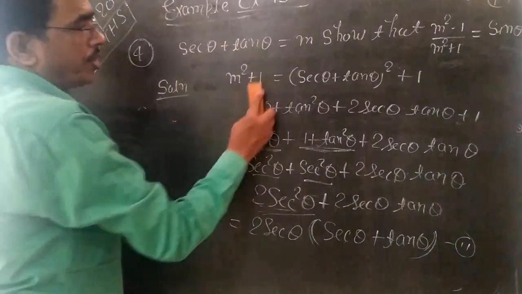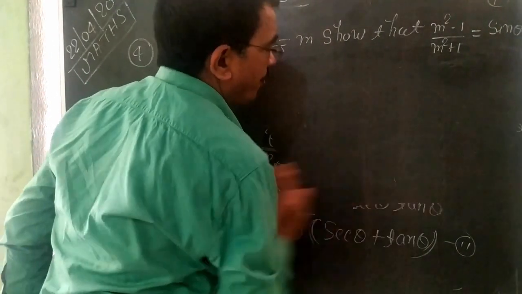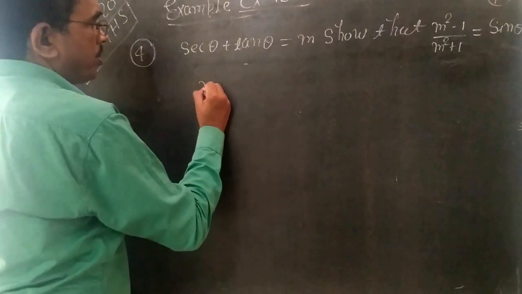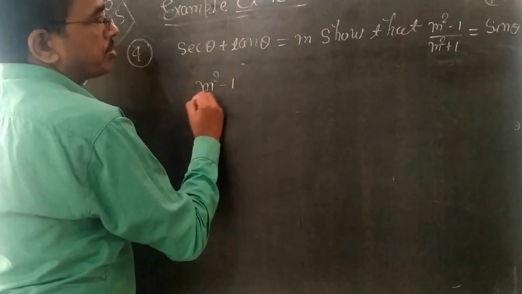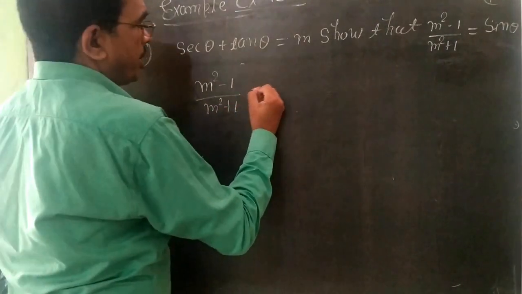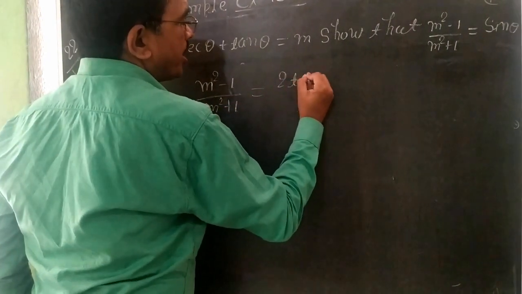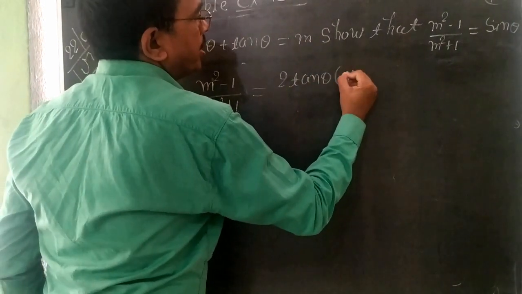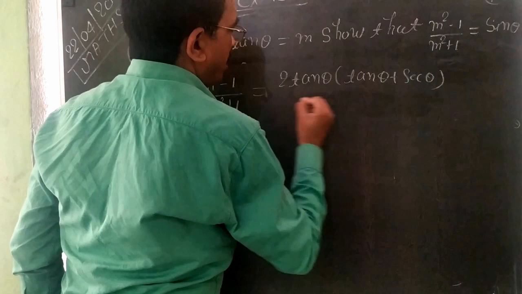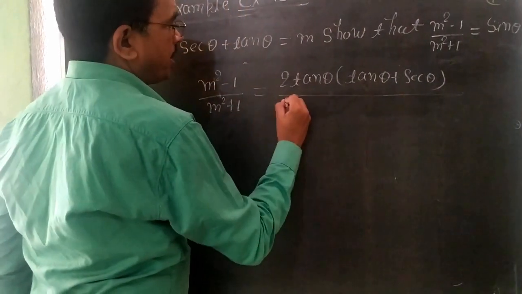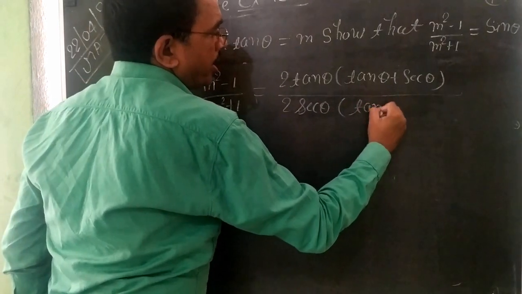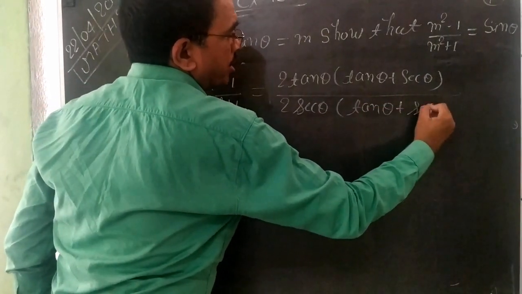Now substitute the values in this equation: m square minus 1 by m square plus 1 is equal to 2 tan theta into tan theta plus sec theta, by 2 sec theta into tan theta plus sec theta.